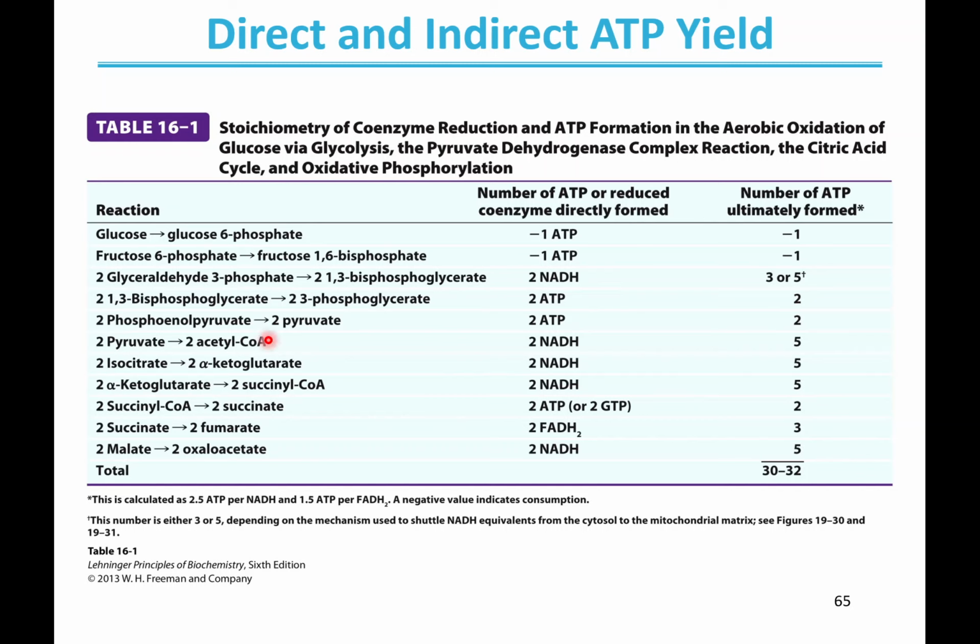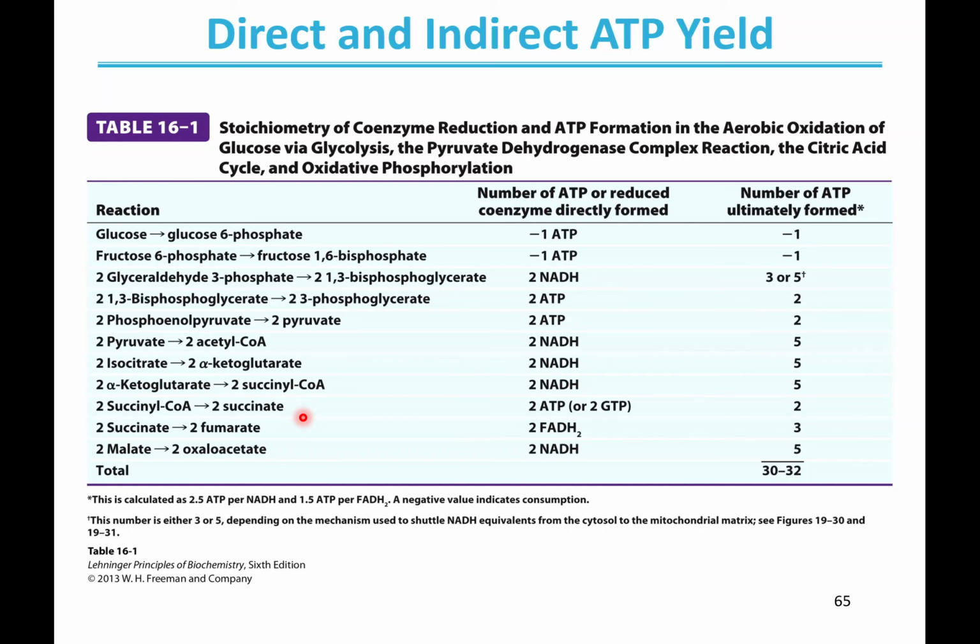But going through the citric acid cycle, the pyruvate dehydrogenase complex makes 2 NADHs per glucose, which is used to produce 5 ATPs. So that one step makes more ATP than we made in glycolysis almost.